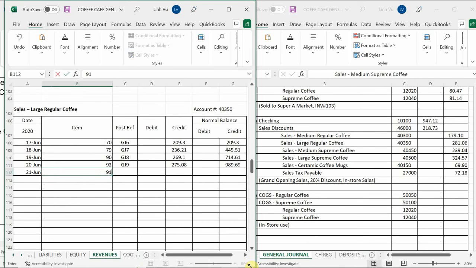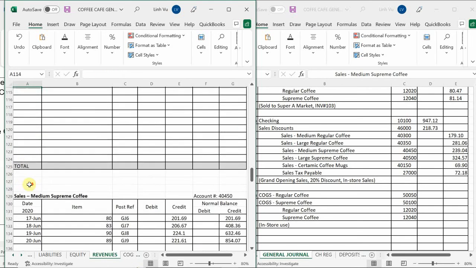And then the large regular, we have 94 cups. Whoops. That's a typo. Page 10, 281.06. And total credit 1270.75. Okay, good. Yes.